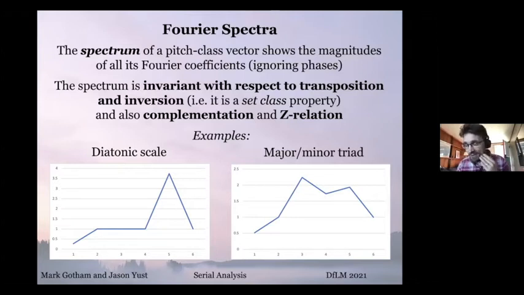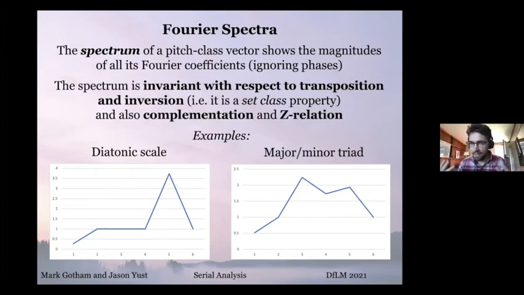What that means is that if I take a segment of the row and I take the spectrum of that segment, if I were to take all the rest of the row, the ones I left out, I would get exactly the same result. So what we're going to do is divide the row into segments, and the spectrum will be the same for both of the segments that we divided into.